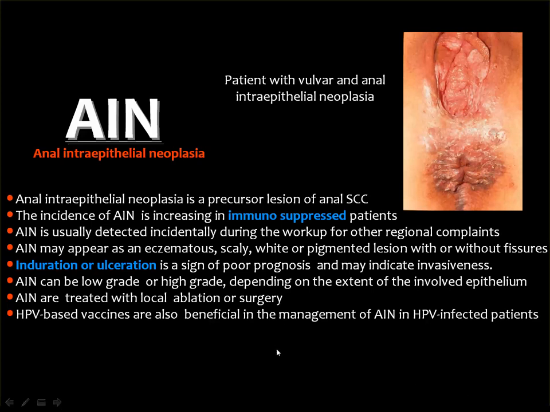Then we came to the malignant lesions, starting with the skin pathology, and anal intraepithelial neoplasia, which is considered the precursor for anal squamous cell carcinoma. This lesion is seen in particular in immune suppressed patients and may be detected incidentally during the examination of this area for other complaints.